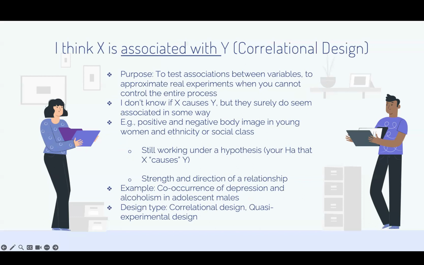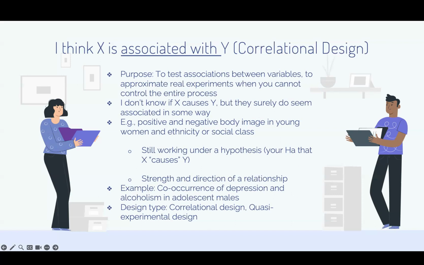The purpose of a correlational design is not to establish causality, but to identify whether an association exists between two variables. This approach is particularly useful when real experimental conditions are not feasible, and we cannot control every aspect of the research environment. For instance, we may not have conclusive evidence to claim that one variable X causes another Y, but we can certainly explore whether they are connected in some manner.